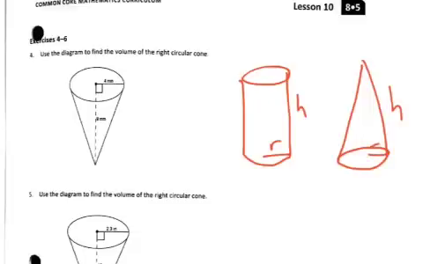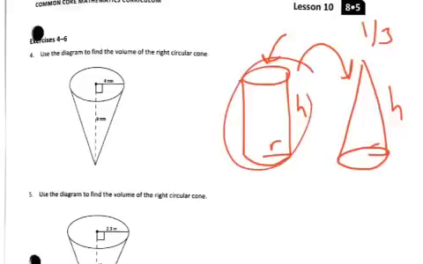If I were to take this cylinder and fill it up with sand, marbles, whatever, and then dump it into this cone, only a third of whatever is in this cylinder will fit into this cone. So whatever the formula is for the cylinder, which is volume equals pi r squared h, only a third of it would fit in here.